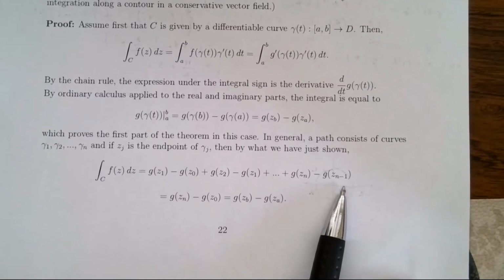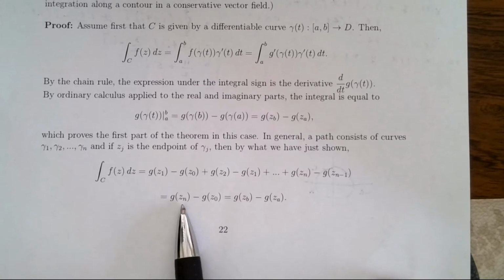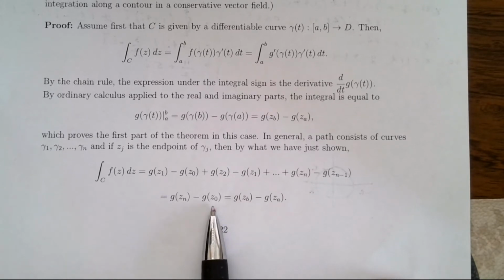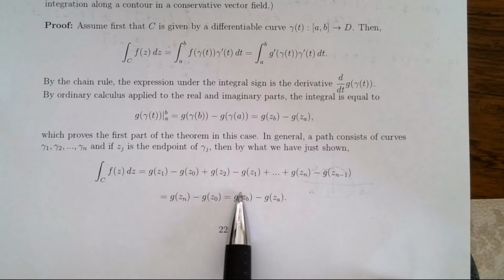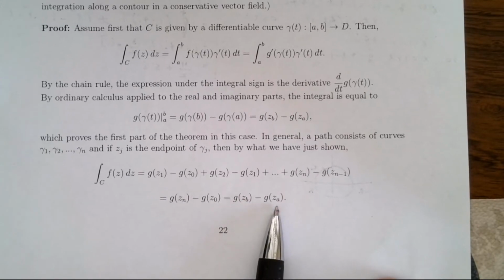And of course we get a nice telescoping series which reduces us down to g of zn minus g of z naught. That's g of the endpoint minus g of the beginning point of the contour. So that's a very, very nice theorem, but of course it depends on f having an analytic primitive in the first place. That is the subtlety of this.